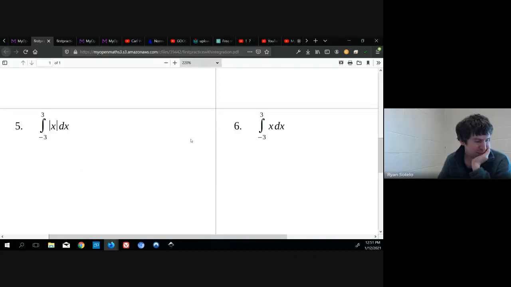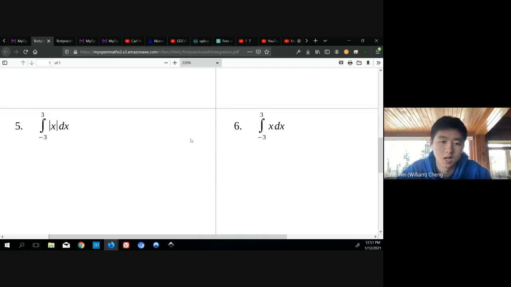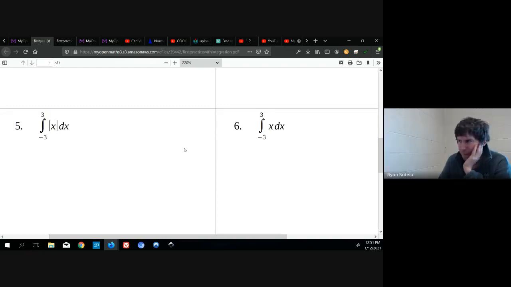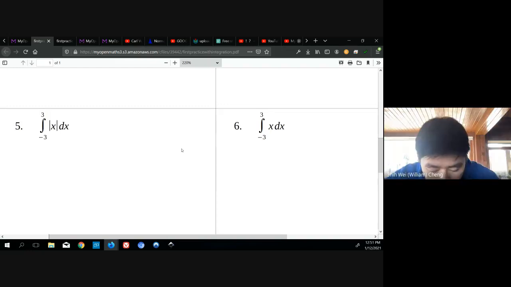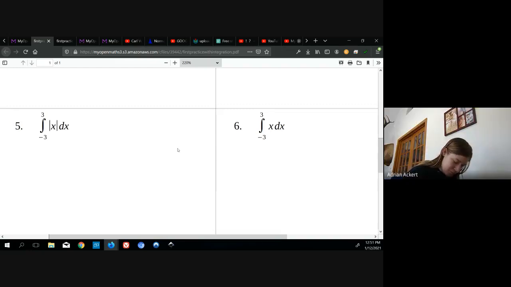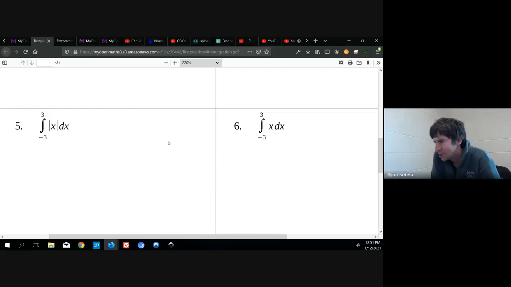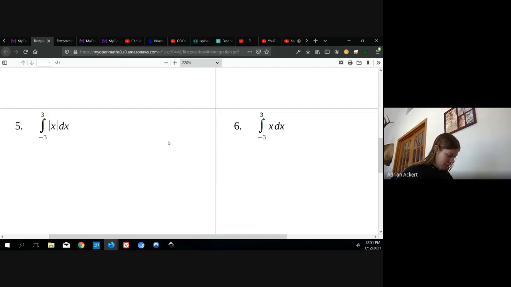What about this one? Which one? Number 5? Absolute value? No clue. Changing the limits on me. So draw a picture, look at your interval, and figure out what the area underneath the curve is. How do you do absolute value again?